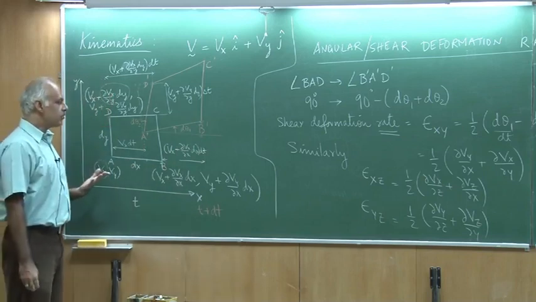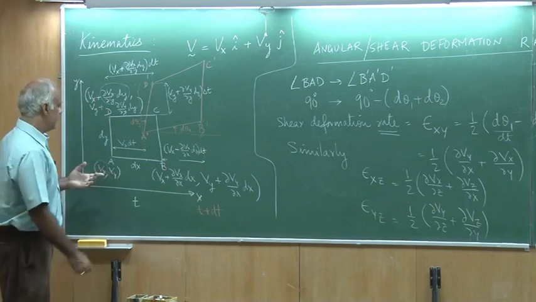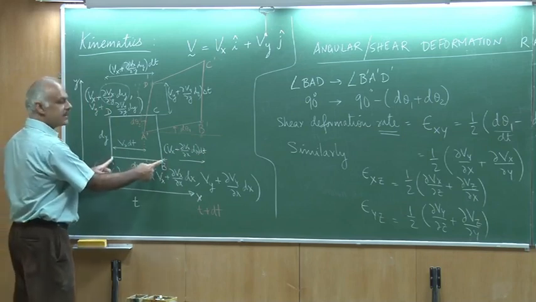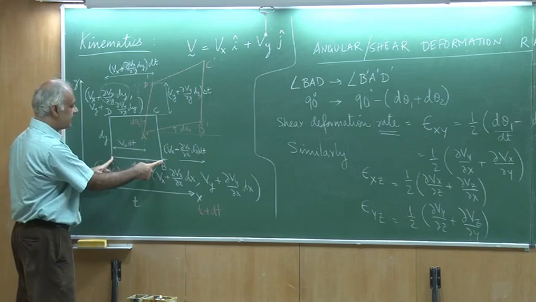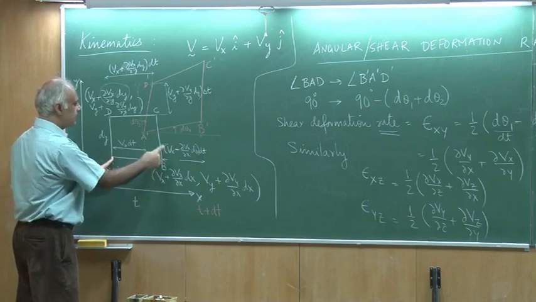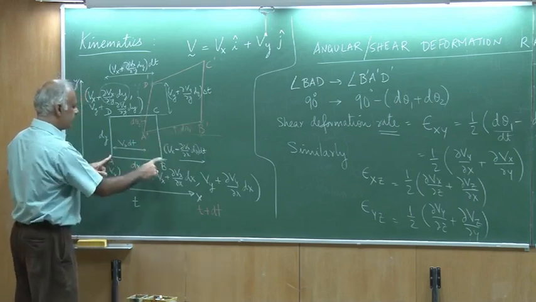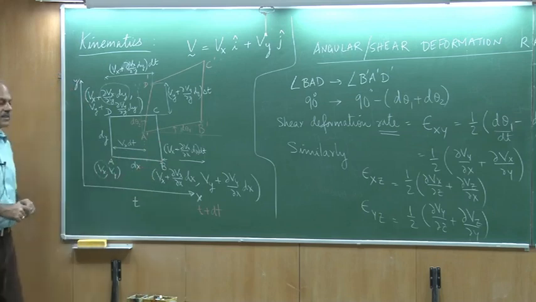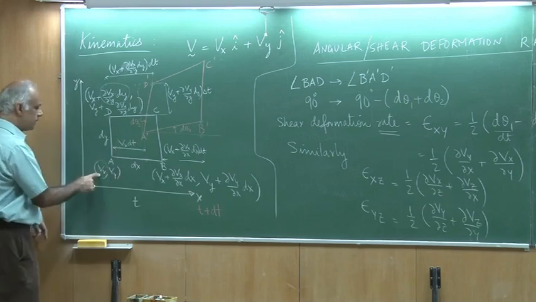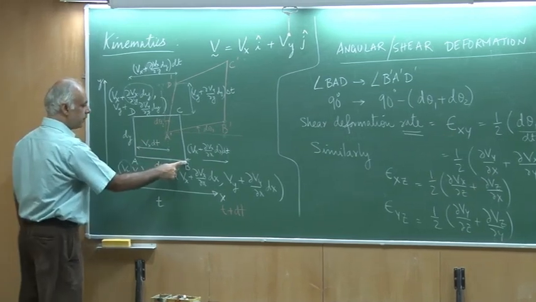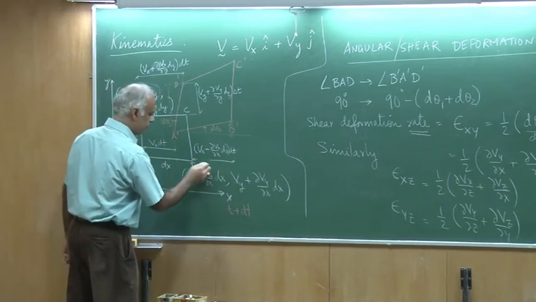As I recalled for you at the beginning of the lecture, this edge gets stretched because the speed is not the same across this edge. Okay? So, A moves with this speed Vx, but the point B actually moves with this Vx.